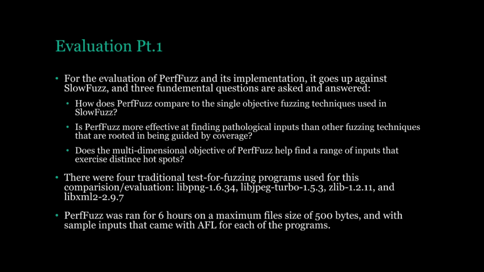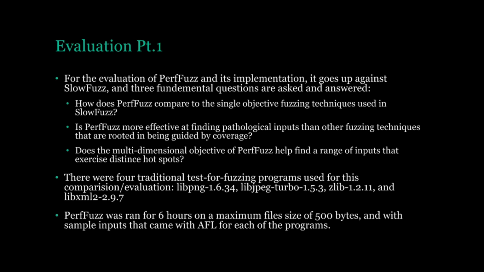How does PerfFuzz compare to the single objective fuzzing techniques used in SlowFuzz? Is PerfFuzz more effective at finding pathological inputs than other fuzzing techniques that are guided by coverage? And does the multi-dimensional objective of PerfFuzz help find a range of inputs that exercise distinct hotspots?